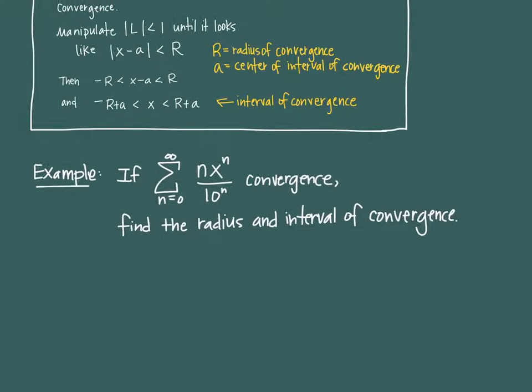So first, we have to find the limit. That's where we start. The limit will be algebraic. That algebraic limit must be guaranteed to be less than 1, and then we'll proceed from there.